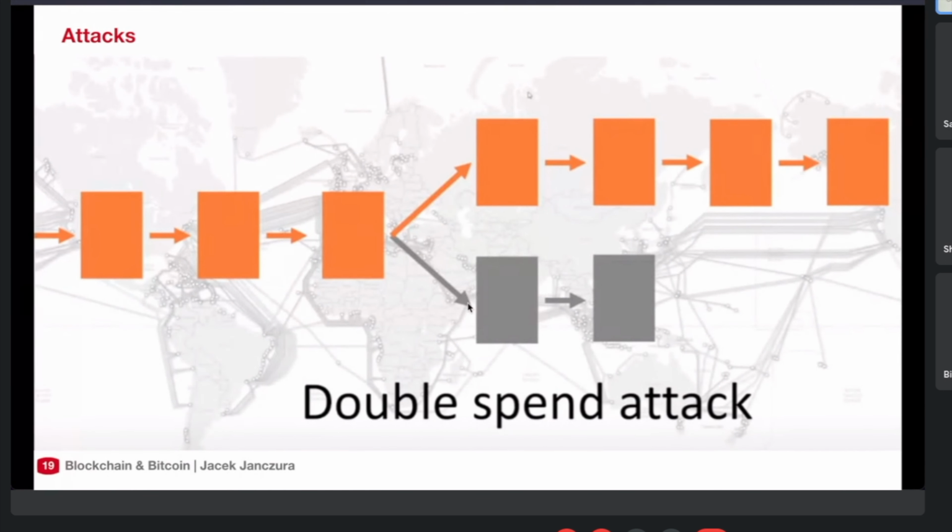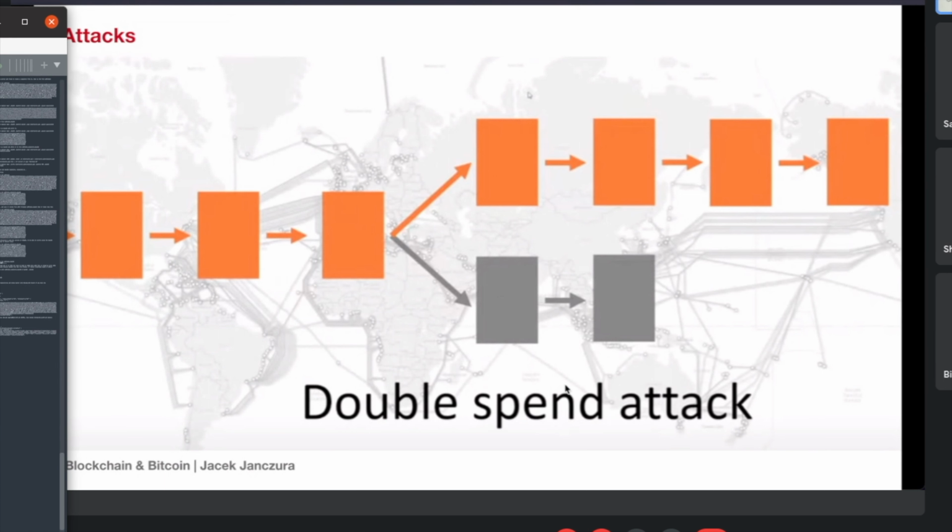At some point, in these blocks, there will be different transactions. Transactions can be in a different order, which means the hash and the nonce to get these 19 zeros will be different. So to solve the puzzle, this counter will be different for those two. So this block will be different than this. Australia will have internet inside of Australia, but won't be able to propagate these new blocks to the rest of the world.